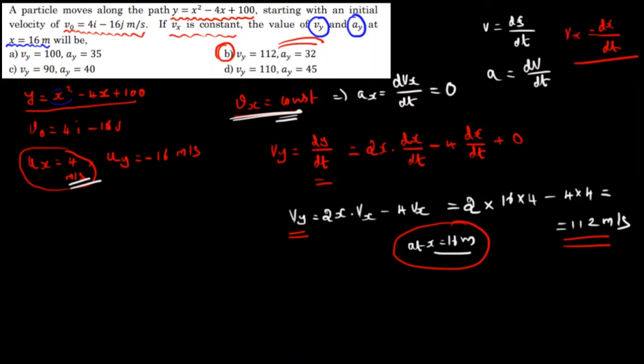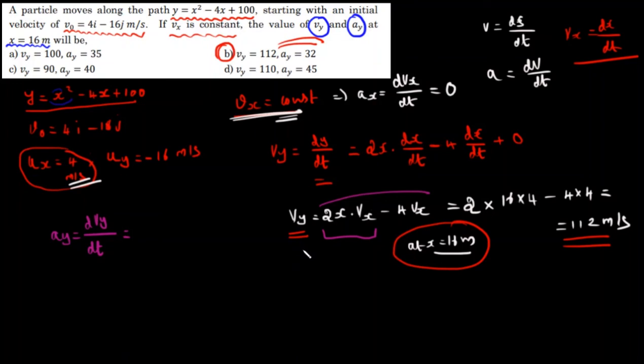So I need to find out acceleration in y direction. Acceleration in y direction is simply the differentiation of velocity in y direction with respect to time. We already got this. If I differentiate this, I can use the UV method. I hope you are able to recollect it.